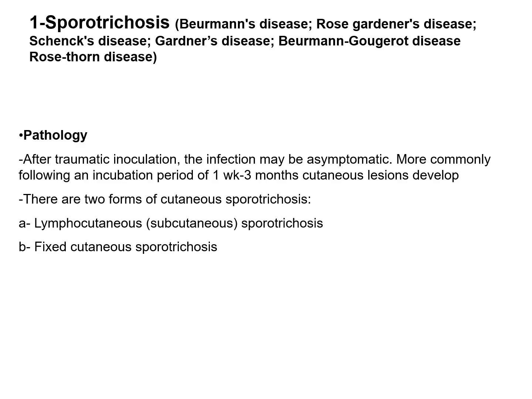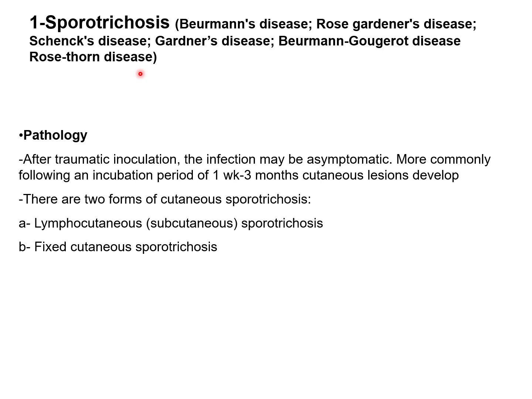Starting with sporotrichosis, which is also called rose gardener's disease, and rose thorn disease. And as you might surmise from these names, gardeners do get this disease because it is present on plants, present on rose thorns, and gardeners might get infected with this kind of agent.